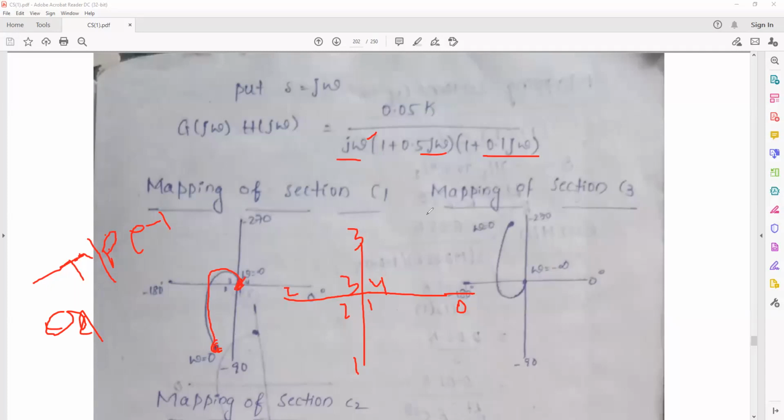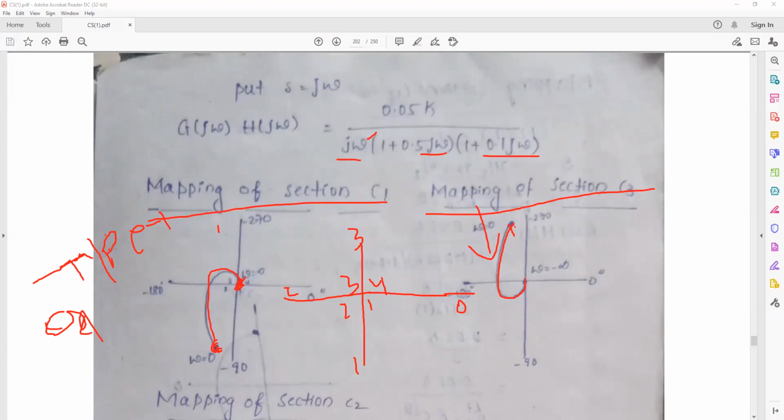And the reverse is the mapping of section C3. Whatever way we draw C1, C3 is the reverse. So here it started in this quadrant and ended in this quadrant. This is the starting and this is the ending. C1, C3 clear?